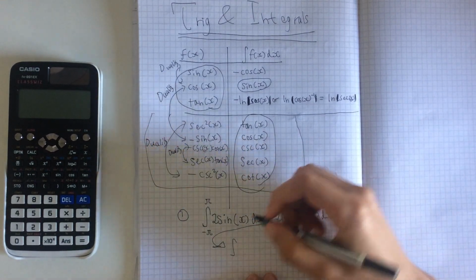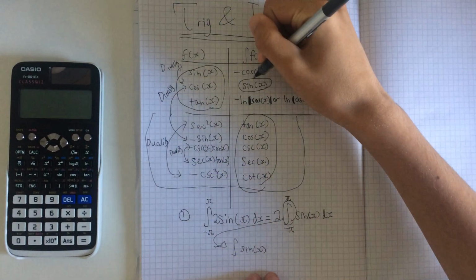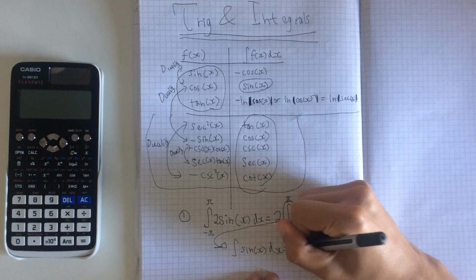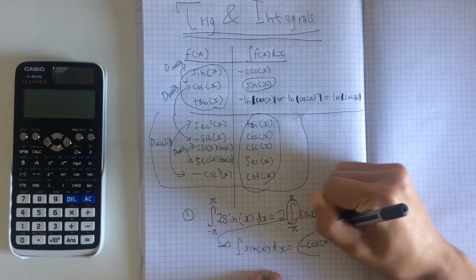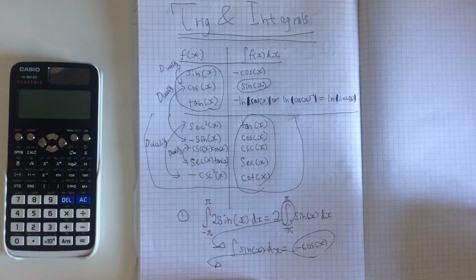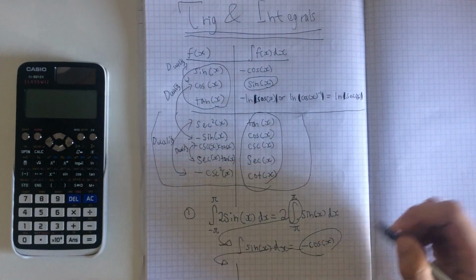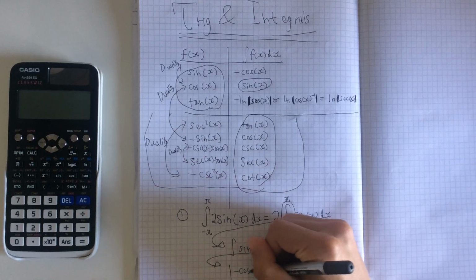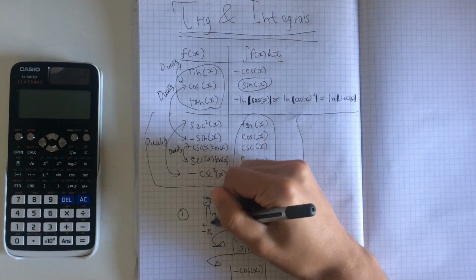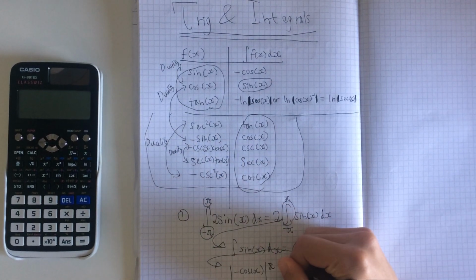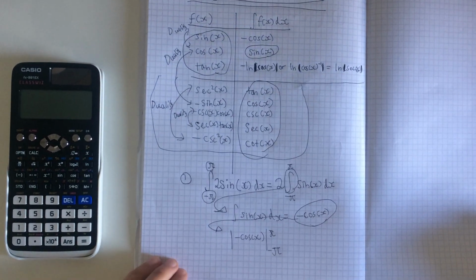So if an integral with no bounds of sine of x, according to this table over here, equals minus cosine of x, then what we do is we just essentially work out this thing over here, same expression, with x being equal to our upper bound, and then minus by what you get for the lower bound, which is a negative number on its own.